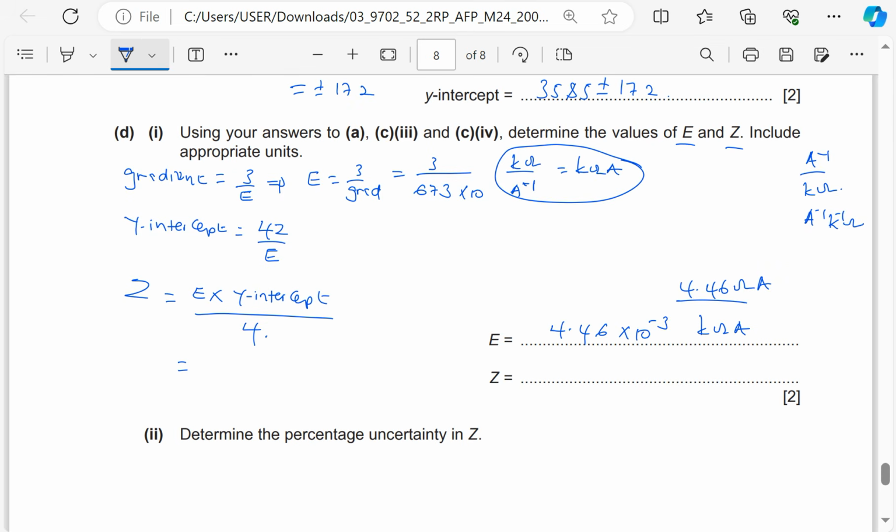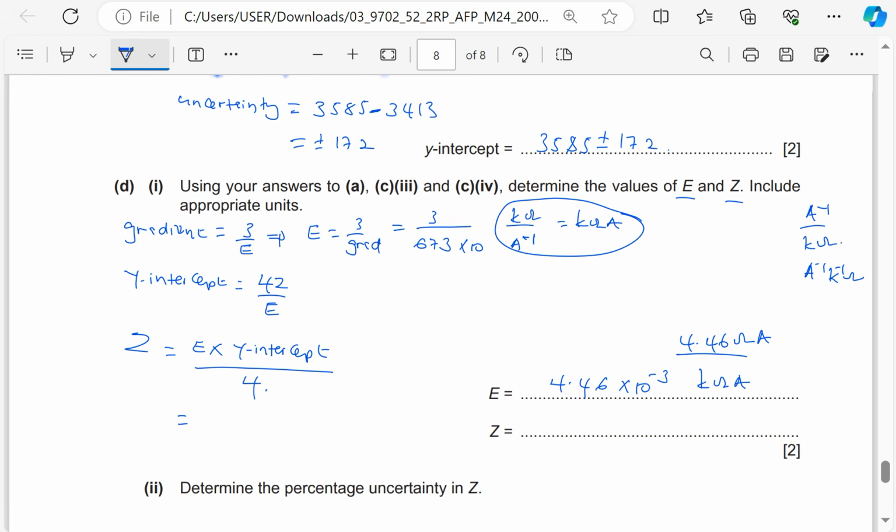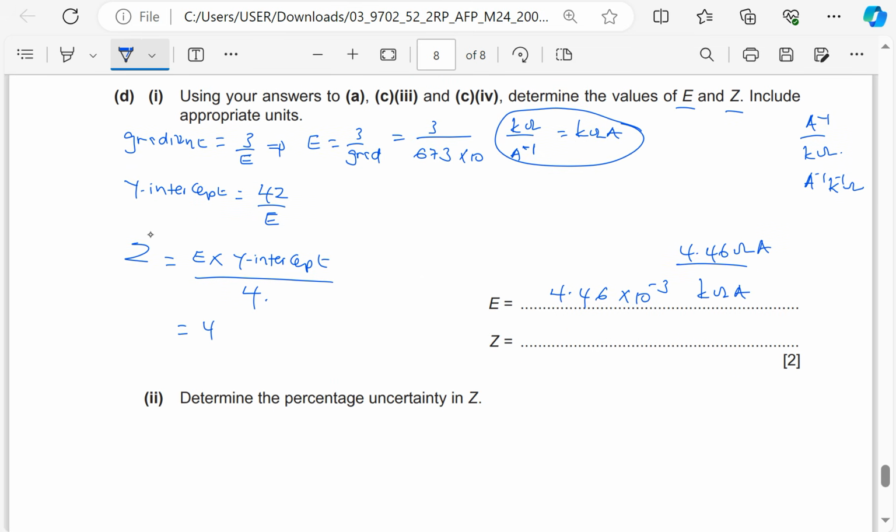Then for Z, I'll substitute the values. Z is going to be E, which is 4.46 ohm amperes after I remove the kilo, times the y-intercept.